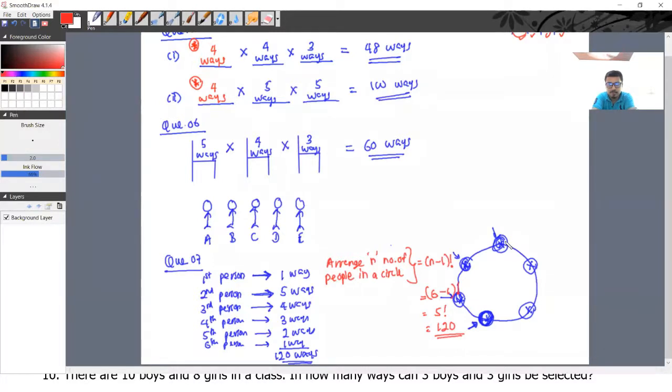If we are to arrange 10 people in a circle, how many options are there? n minus 1 factorial ways should be there. It means 9 factorial ways. 9 factorial, what is the value? 362,880 ways are there. Okay.